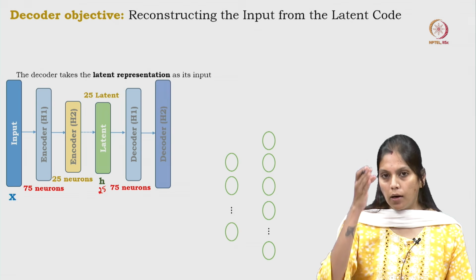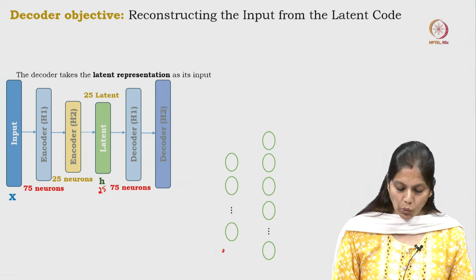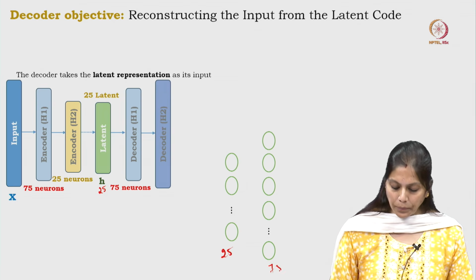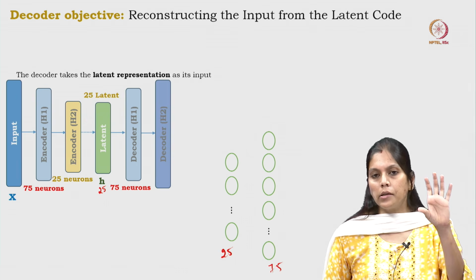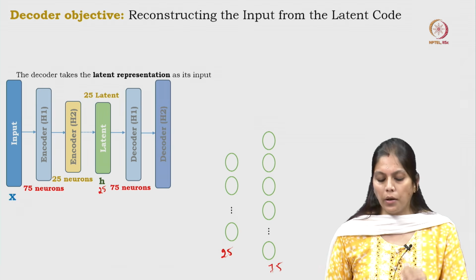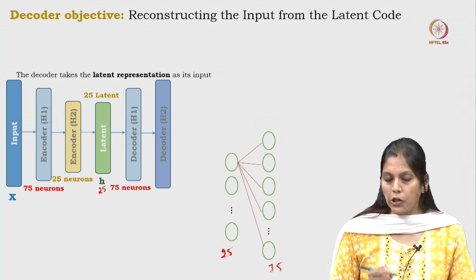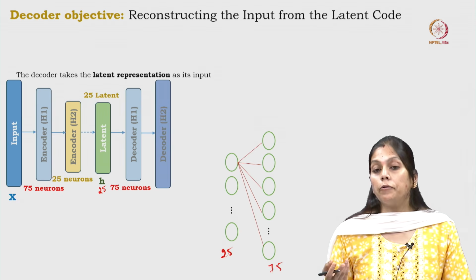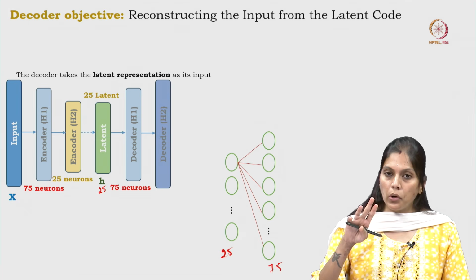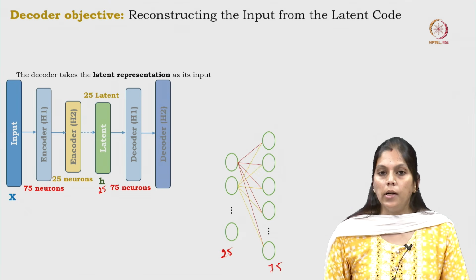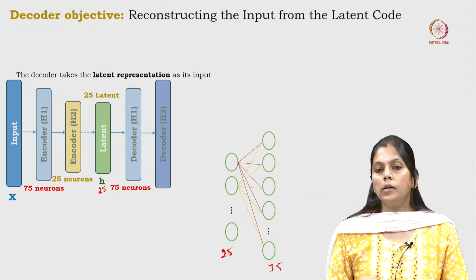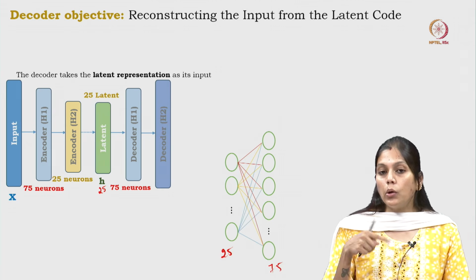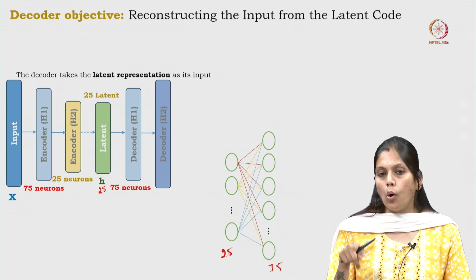Now, you see there are 75 neurons. This is 25, this is 75. How is the architecture? Every neuron is connected to every other neuron here, so you will have connections like this. Because it is a fully connected neural network, every neuron is connected to every other neuron. Similarly, the second neuron is connected to all the neurons in the hidden layer, and similarly the 25th neuron is connected to all of them.